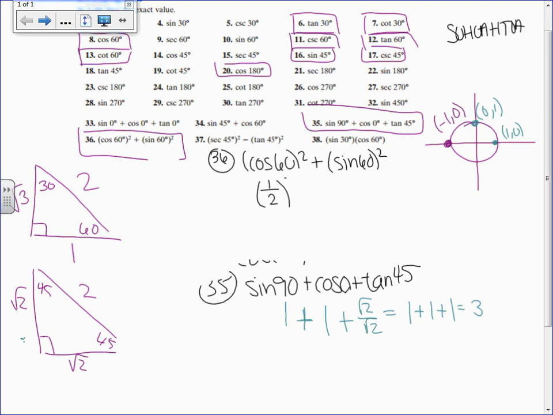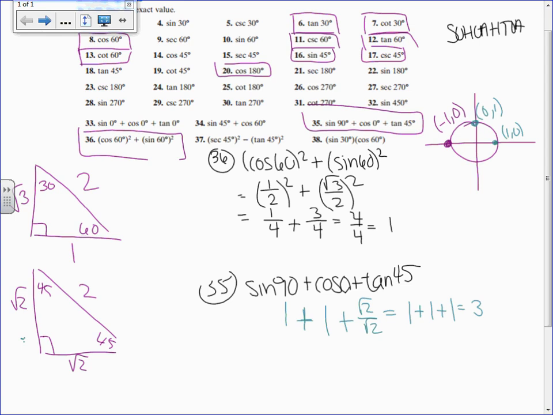So this is 1/2 squared. And the sine of 60 is going to give me radical 3 over 2 squared. 1/2 squared is 1/4. Square root of 3 squared is 3. 2 squared is 4. So this gives me 4 over 4, which is 1.